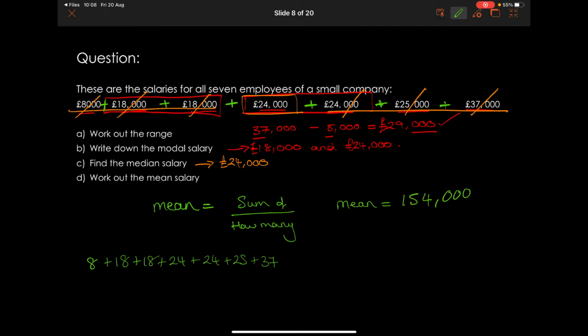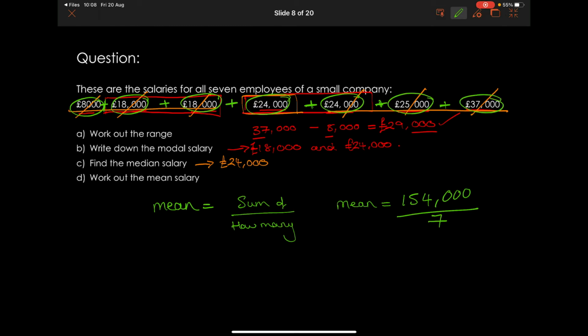So adding them all together gives me 154,000. Obviously it will be on a calculator paper because you then have to divide by 7, because we've got 1, 2, 3, 4, 5, 6, 7. So 154,000 divided by 7.